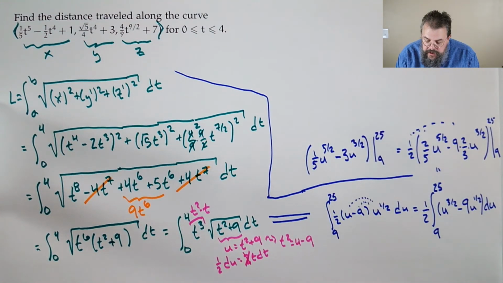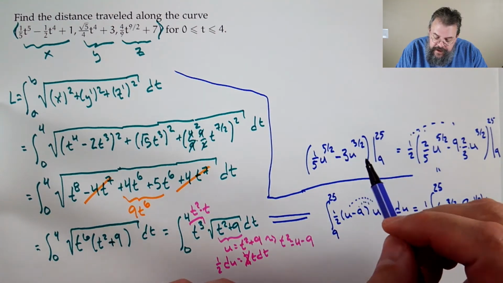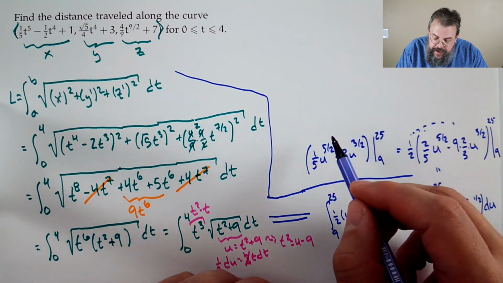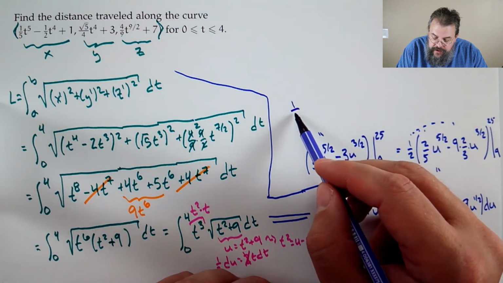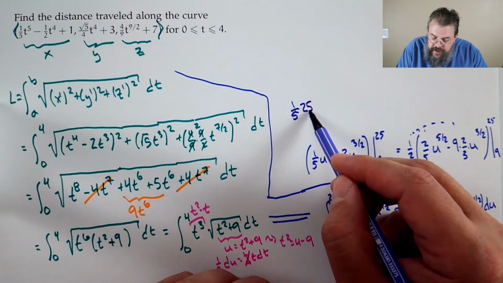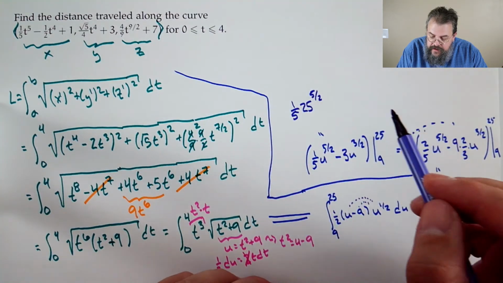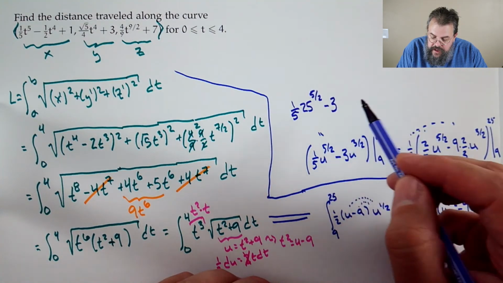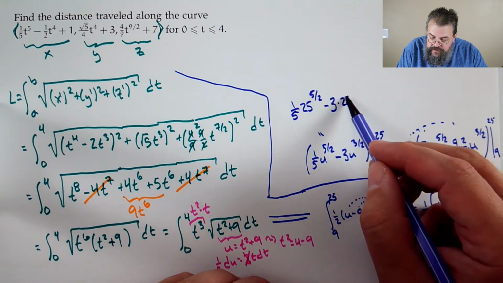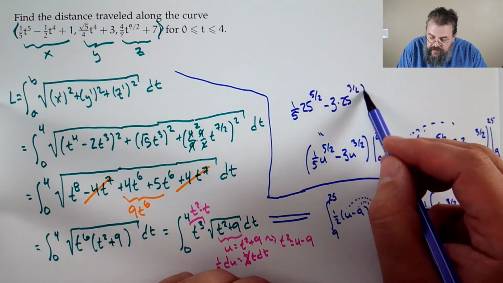Okay, well, let's plug these in and see what we get. So let's plug in 25. Okay, well, this will be interesting. So what do we have? We have 1/5 times 25 to the 5/2 minus 3 times 25 to the 3/2.